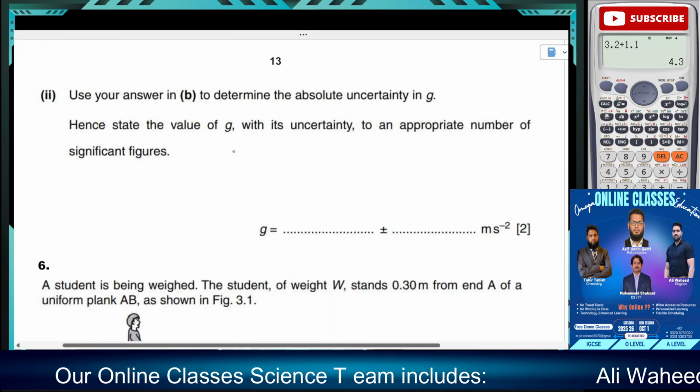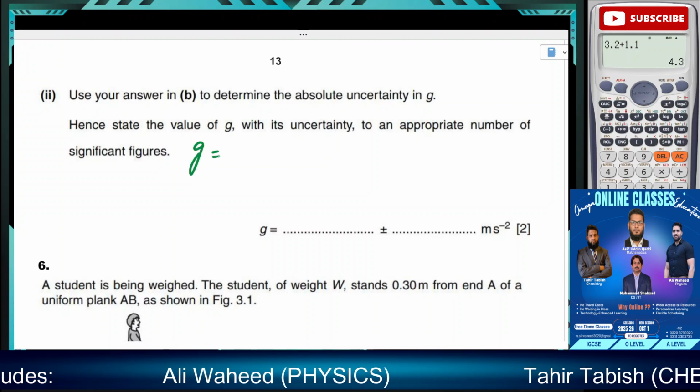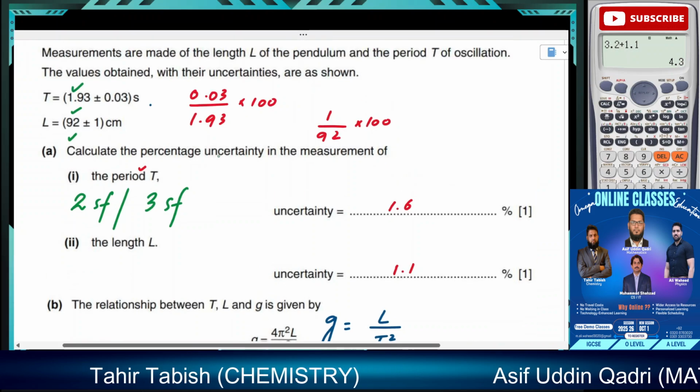You need to find the value of g along with the uncertainty to an appropriate number of significant figures. So the value of g, how do you find it? It should be in meters per second squared.